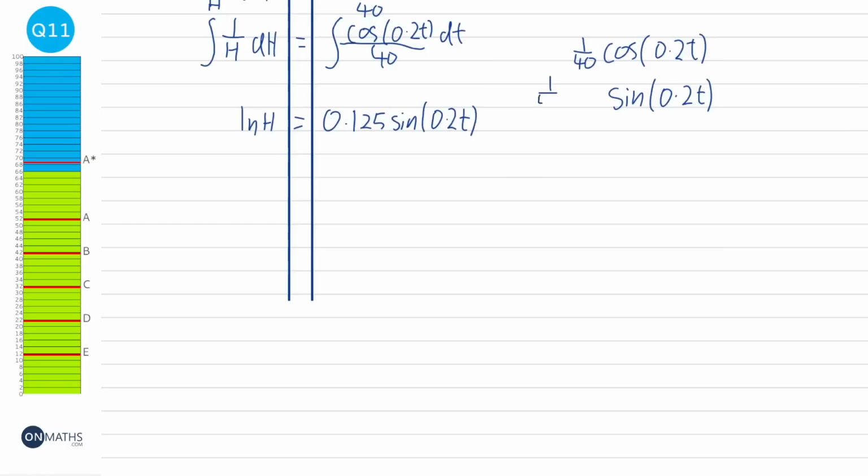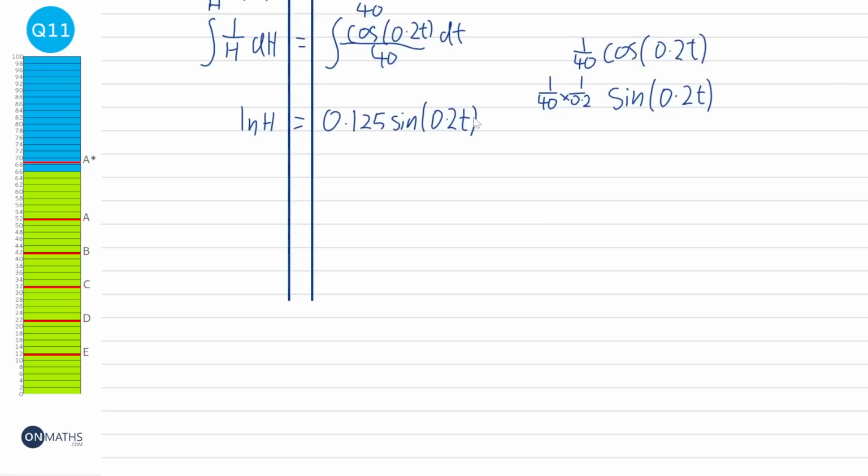So we have 1 over 40 times 1 over 0.2, or we can divide the 1 over 40 by 0.2. When you do 1 divided by 0.2, that's just 5. So it'd be 5 over 40, or 1/8, or 0.125.